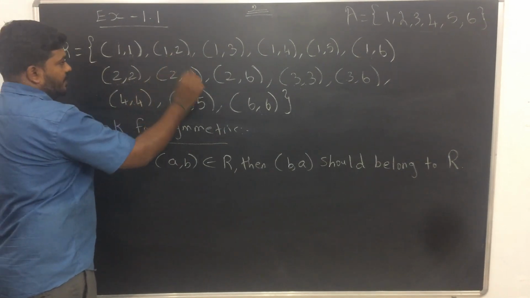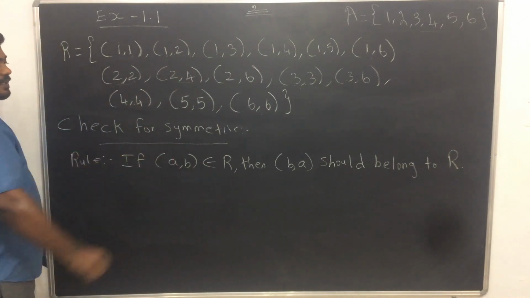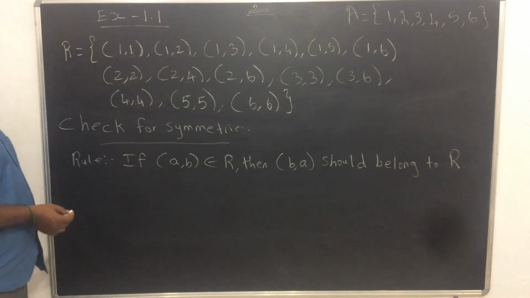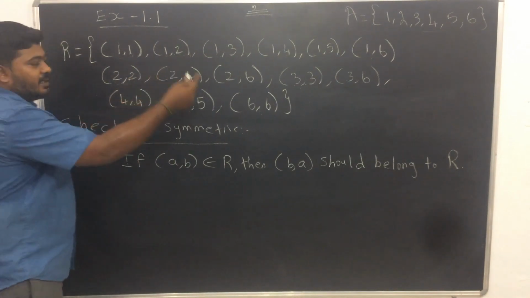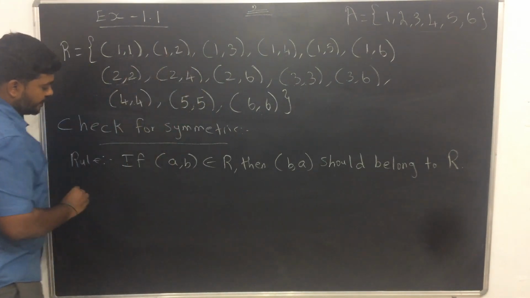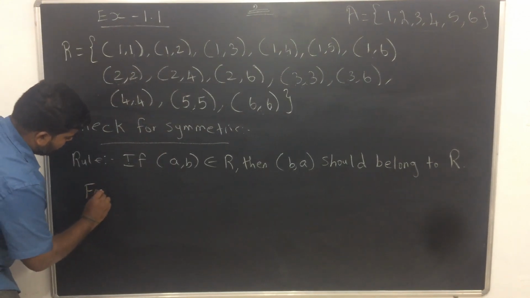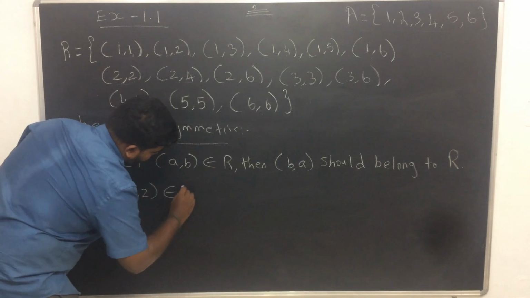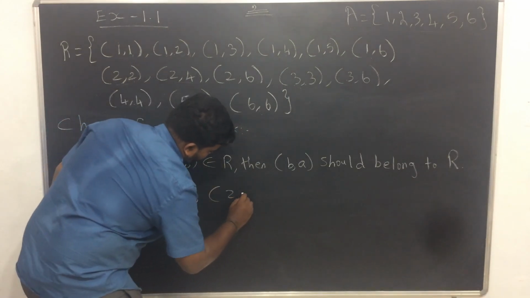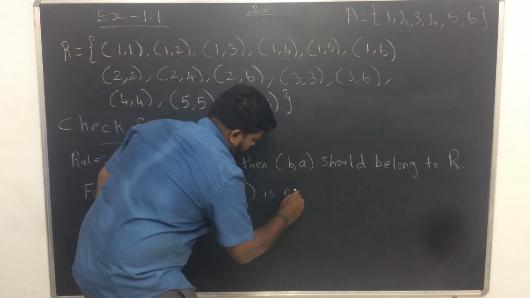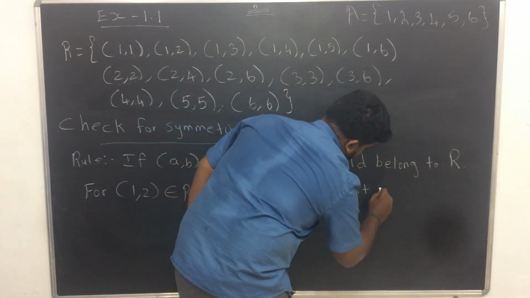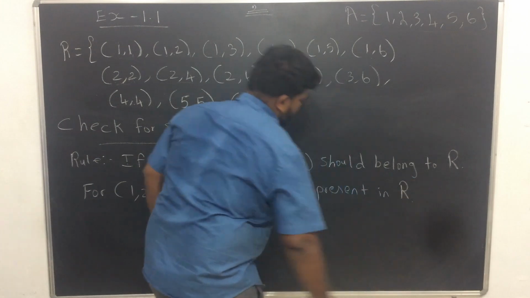Even if one pair does not satisfy this condition, we can very well say the entire relation is not symmetric. You don't have to go on checking it. You will stop right here. So for 1 comma 2 belonging to R, 2 comma 1 is not present in R. This is how you write.